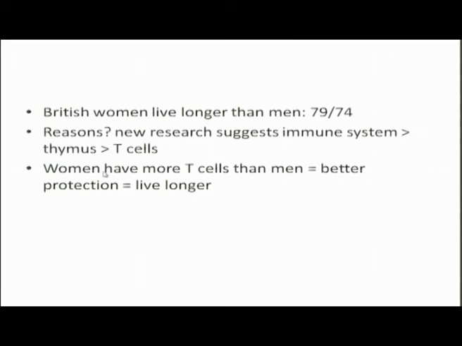So, what exactly is the reason? Women have more T cells than men. So, it means better protection, and therefore live longer. In this way you reduce the information and glean out only what you think is very important for your purposes.